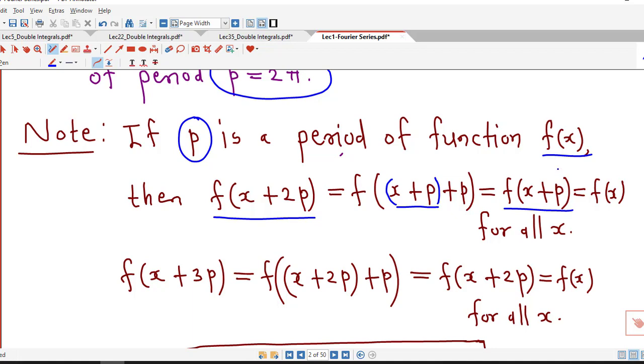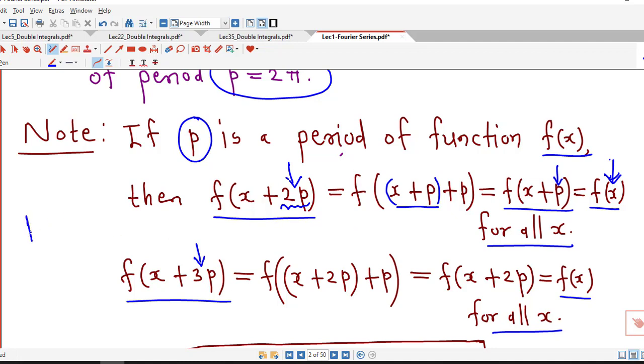And again, because f is a periodic function of period p, f(x + p) = f(x) for all x. That means f(x + 2p) is also equal to f(x) for all x. So 2p is also a period of f(x). Similarly, we can show that f(x + 3p) is also equal to f(x) for all x. Therefore, 3p is also a period of f(x).